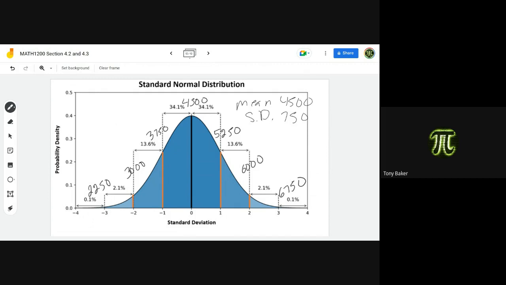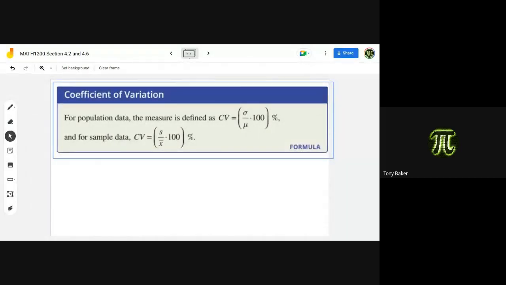All right. Last thing we're going to talk about with this before we go to the test next week: coefficients of variation.